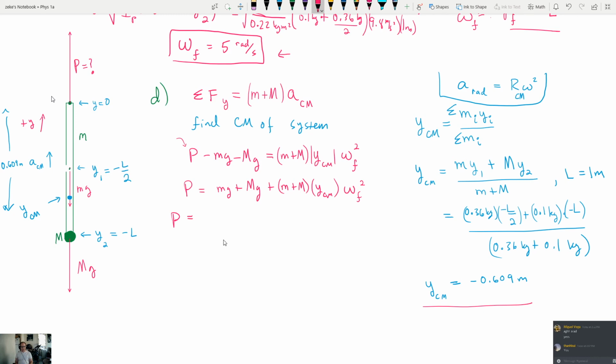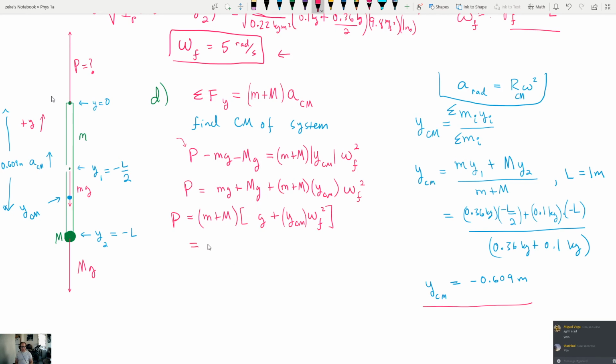I think m plus m shows up in everything here, so we could actually factor that out to the front. Just factoring m plus m out of everything.